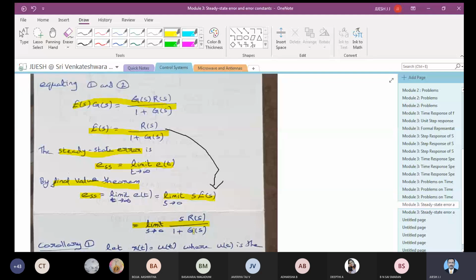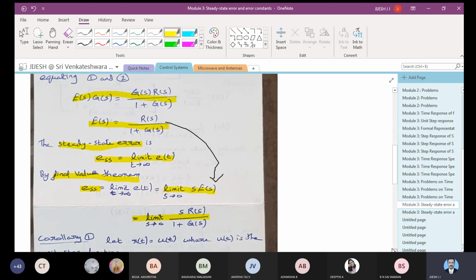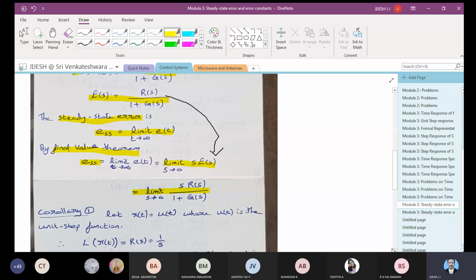We will see how the responses look at different inputs, starting one by one. What we got here is the final value: by using the final value theorem, the steady state error is this equation. Once we complete that, we are going to use the unit step function first.